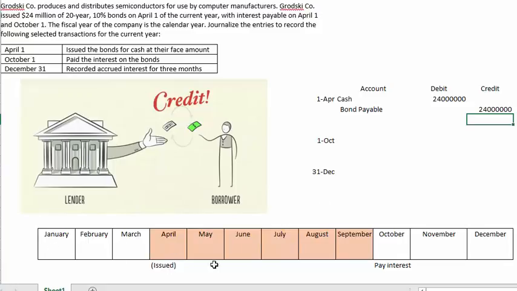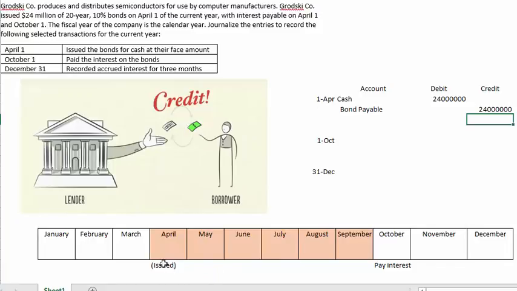And I've got this little timeline down here for us because I think that this is very important. It helps illustrate what's going on now once we've issued the bond right here on April 1st. So we've issued it, 3 months into the year, and now we have to account for all the obligations that go along with that contract.